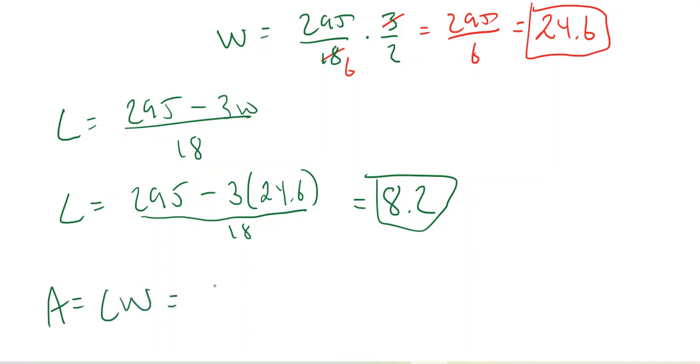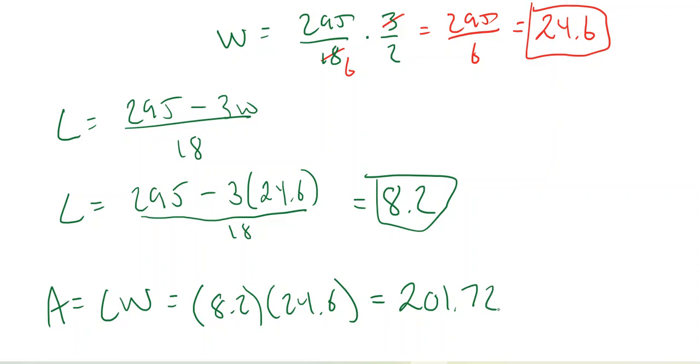So if we multiply these two together, 8.2 times 24.6, we end up with approximately 201.72. And so the width is 24.6, the length is 8.2, the area would be 201.72.